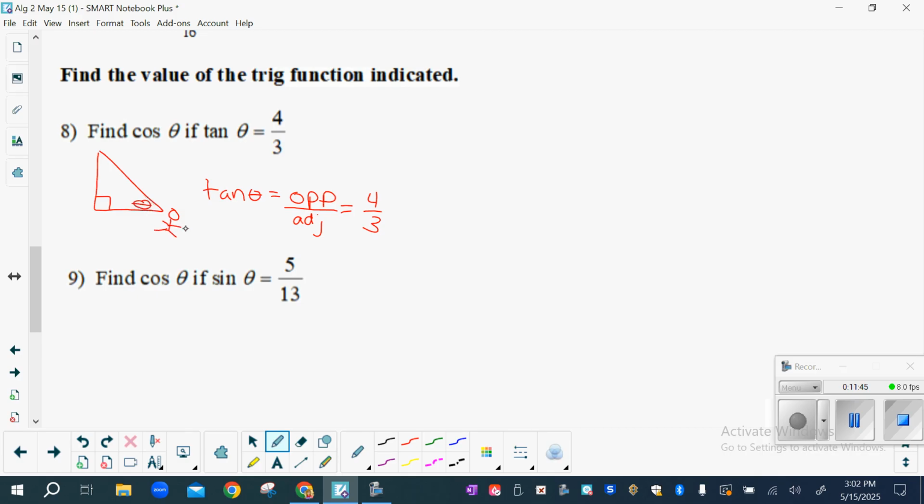In reference, the opposite side would be here, 4, and the adjacent leg is here, 3. Does that make sense? So we want to find cosine theta now. Cosine theta, this group back here, is what ratio? Good. Adjacent over hypotenuse.